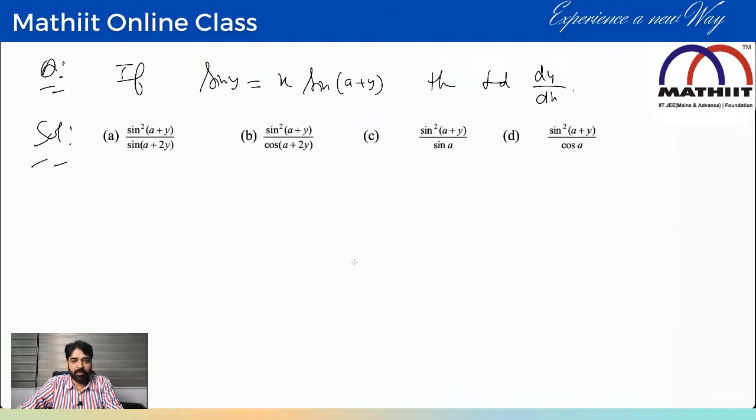Please type the answer once you get it. Options I kept, A, B, C, D. You have to type the answer. Yes, what is not clear?